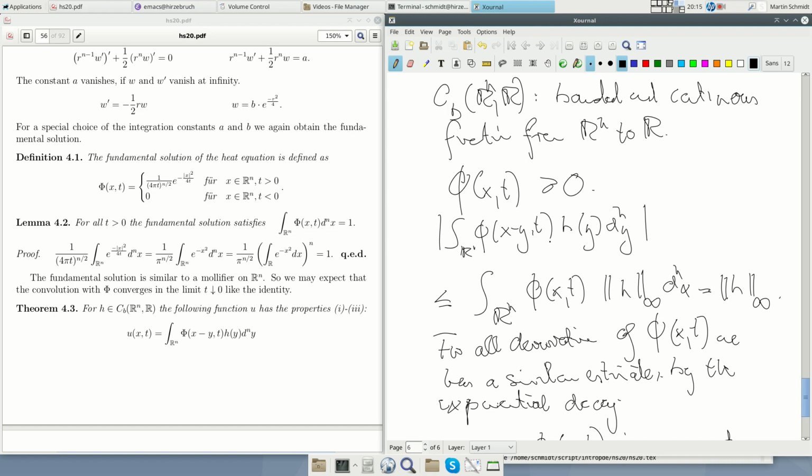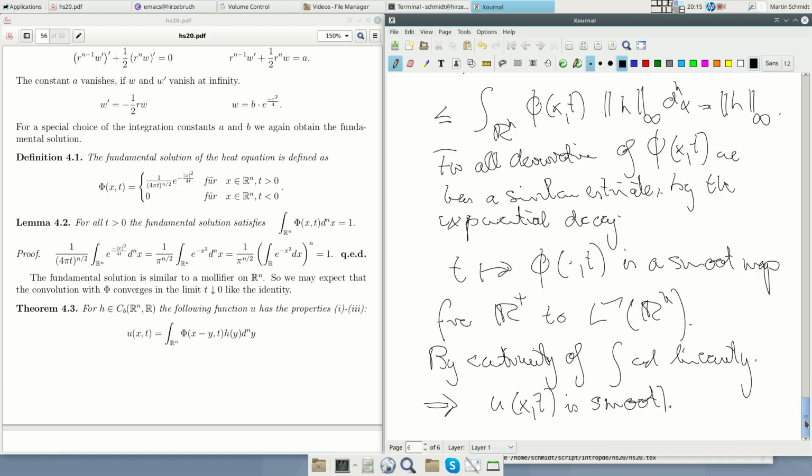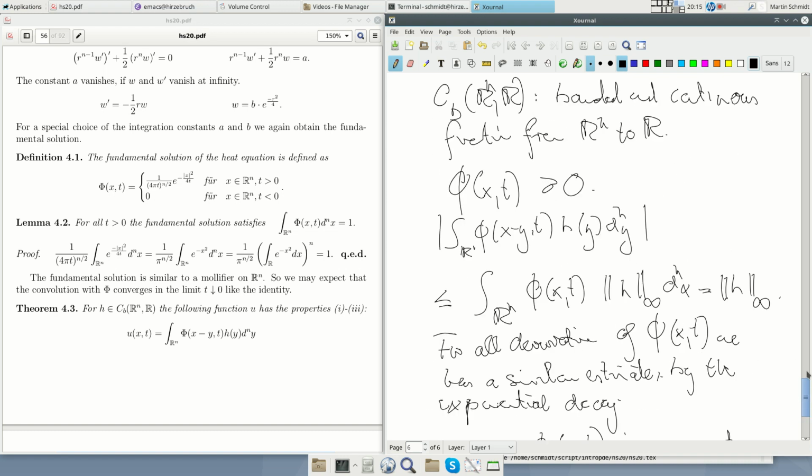Yeah, but this estimate is true. And the derivative with respect to x only depends on y.